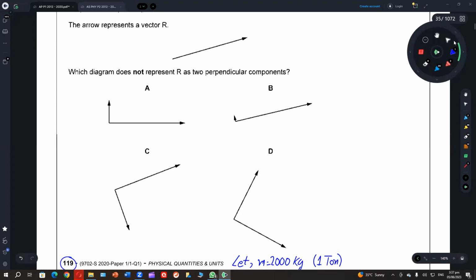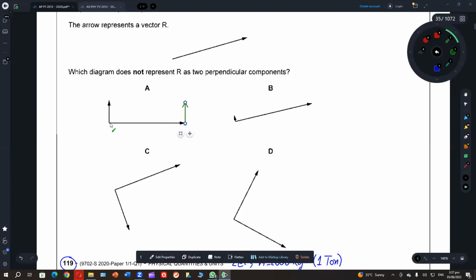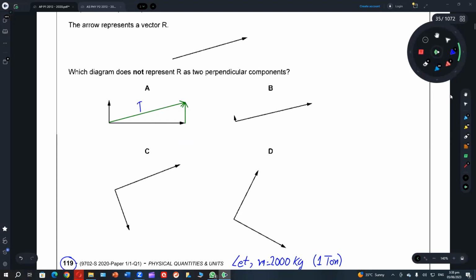It means that he is resolving R in two components. So we should check one by one. Let's start our working. I am making a head to tail diagram here. And let's try this. It looks very, very similar to R. You can see the R is above now. This is R.